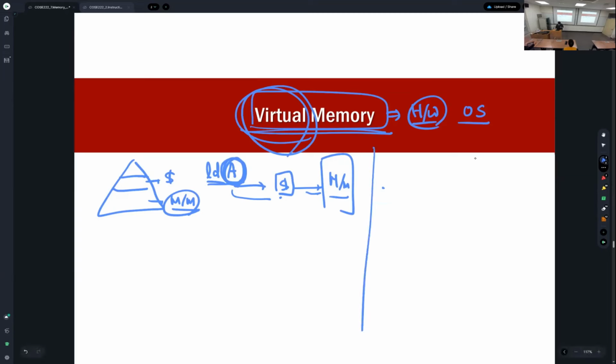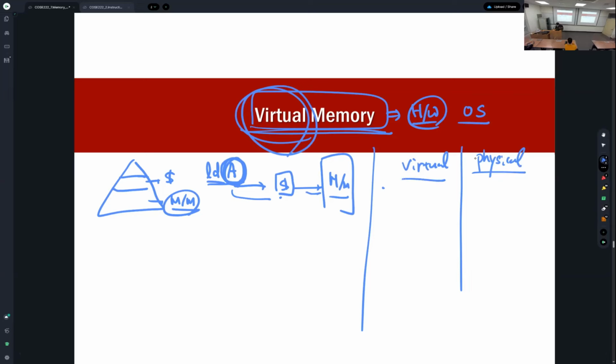In a computer system, there are two different terms: virtual, and the opposite meaning of virtual, which is physical.